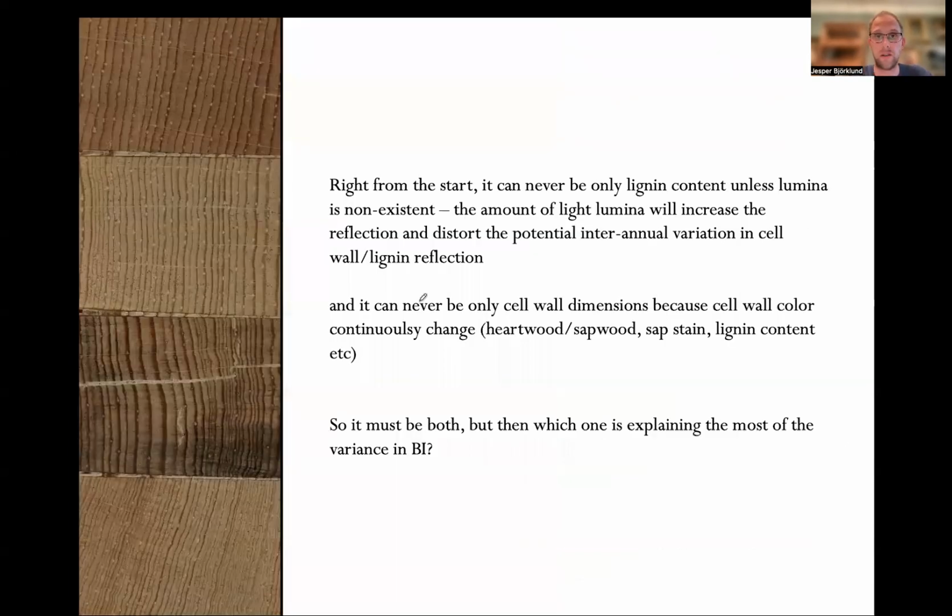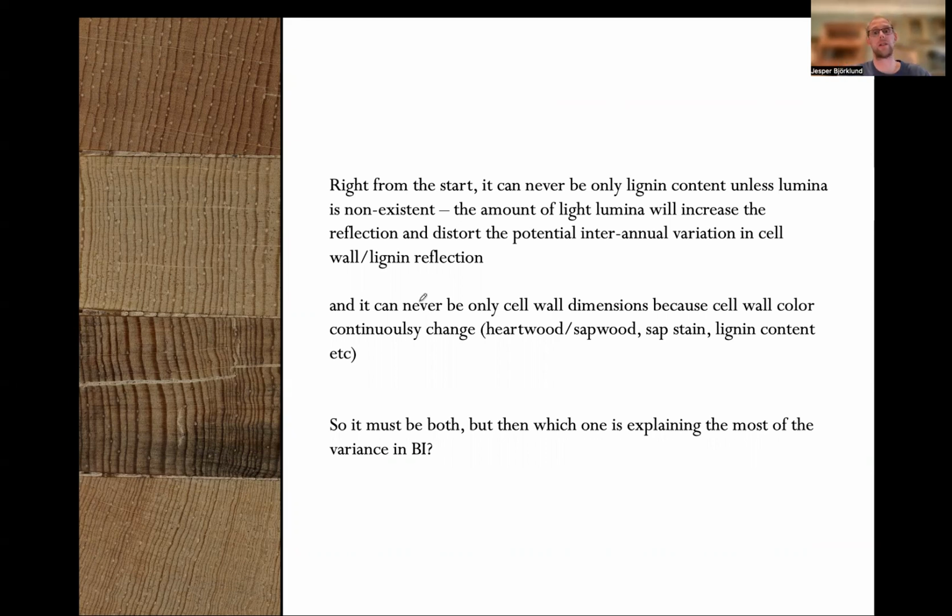So we know that it cannot only be lignin content unless lumina is non-existent, because the amount of light lumina will increase the reflection and distort the potential internal variation in cell wall lignin reflection.